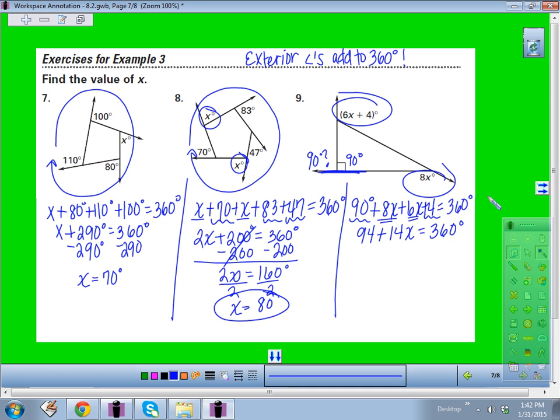And so now I want to subtract 94 from 360. So I end up with 14x equals 266. And divide that 266 by 14 to solve for x. So x equals 19. And that is the conclusion of 8.2.